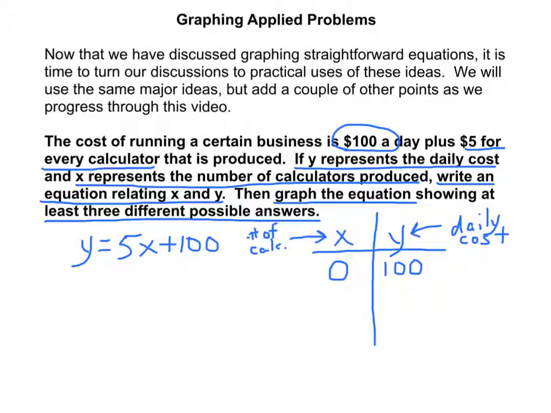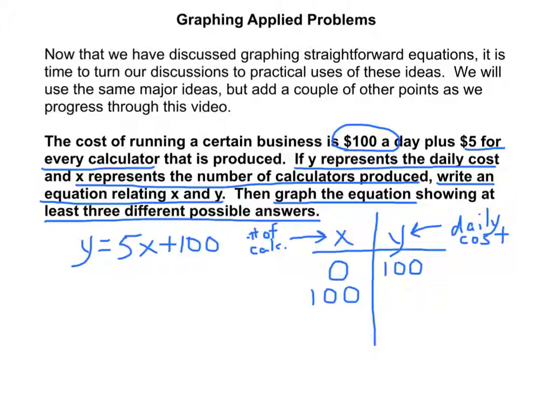And I could also go through and say X is equal to 1, but this is where we need to start talking about the practicality. It probably does not make any sense to open up a business and just produce 1 calculator, so instead I'm going to use X is equal to 100. Whatever number I choose there would certainly be to your discretion, but I'm going to choose 100.